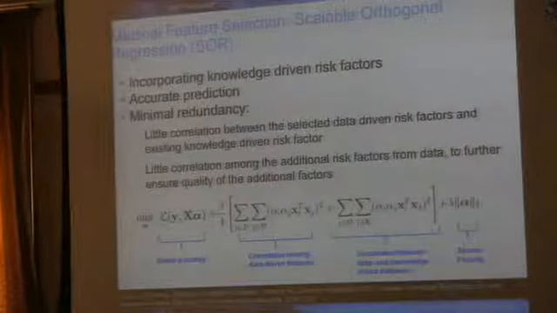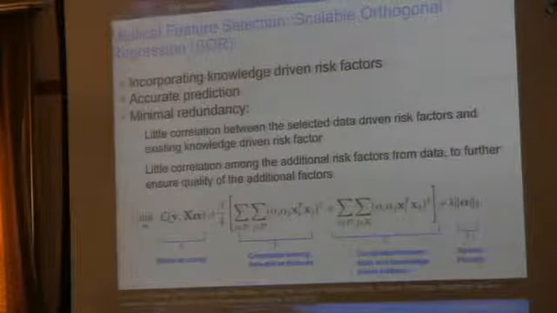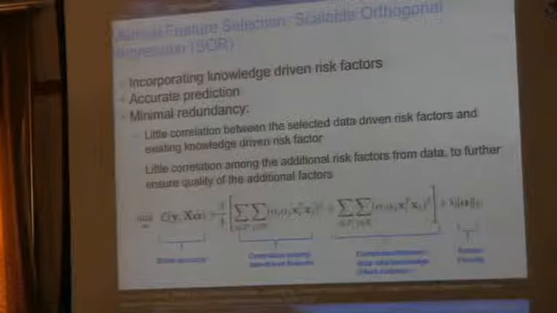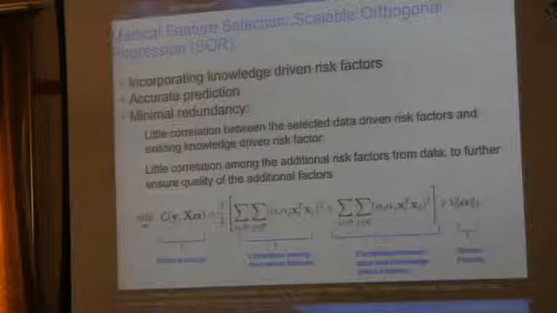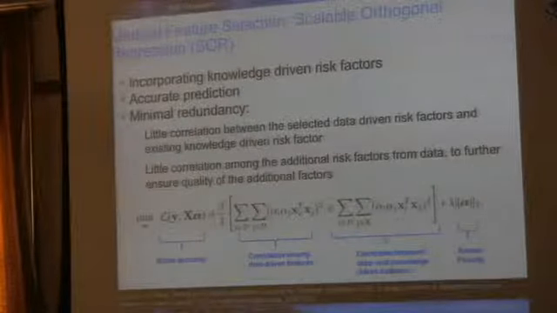So we briefly revised the Lasso formulation and added two orthogonality terms to penalize the correlation between the data-driven features and also the correlation between the knowledge and data-driven features.